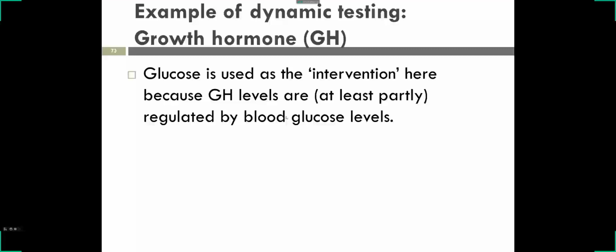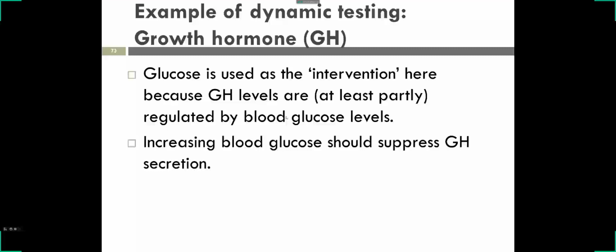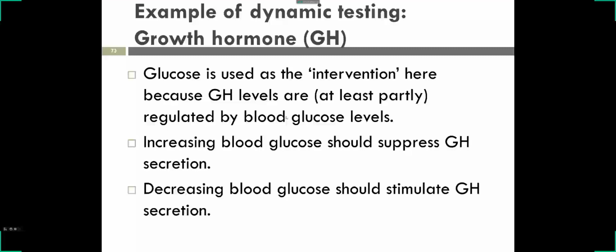We can give the patient glucose and then measure growth hormone levels. Increasing blood glucose should drive down growth hormone secretion, whereas decreasing blood glucose should stimulate growth hormone secretion. So we can do either one of these, and sometimes we'll do both, to test the patient.